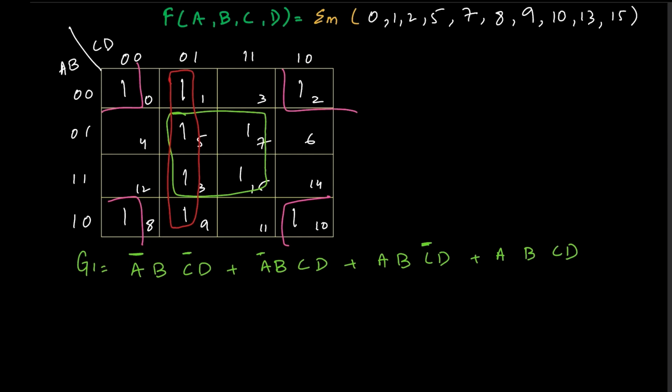Now we have to eradicate the non-common factors. A changes from A bar to A. C also changes from bar to non-bar, although B and D both remain constant. So we will write B and D.